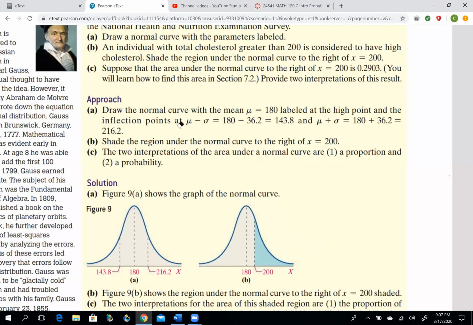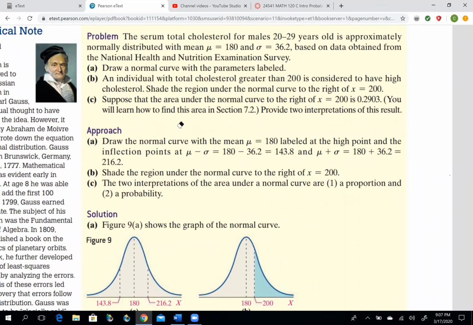And then part C, suppose that the area under the normal curve to the right of x equal 200 is 0.2903. You will learn how to find the area in section 7.2. Provide two interpretations of this result.